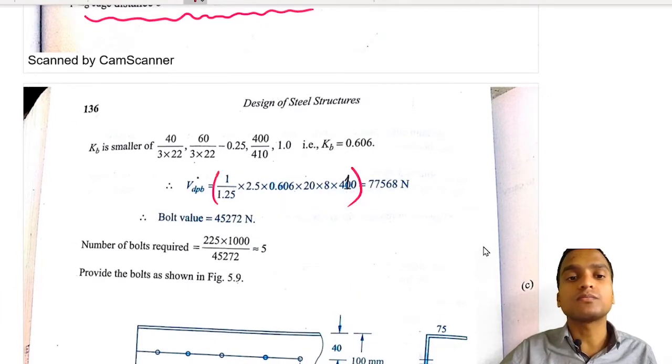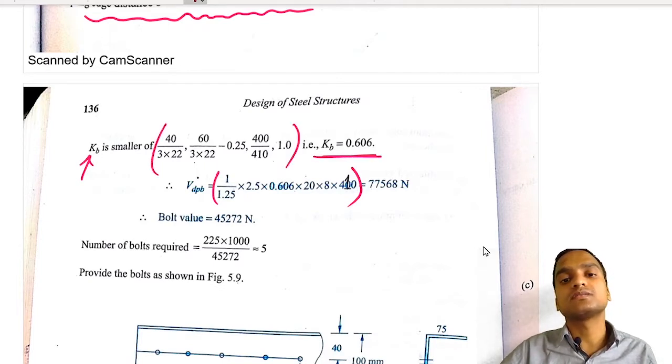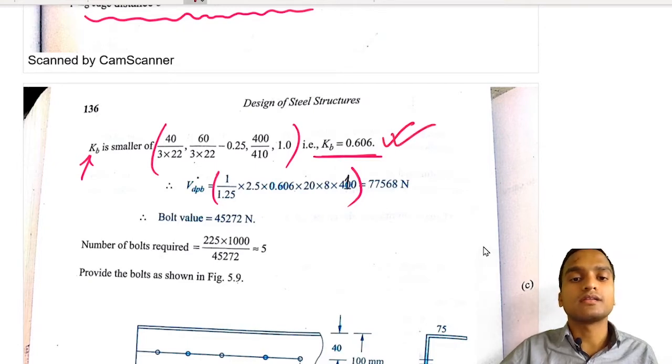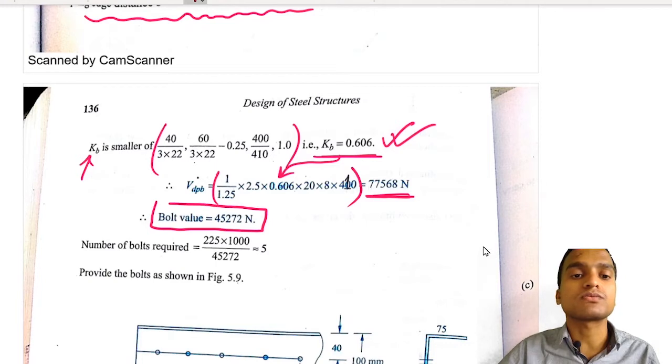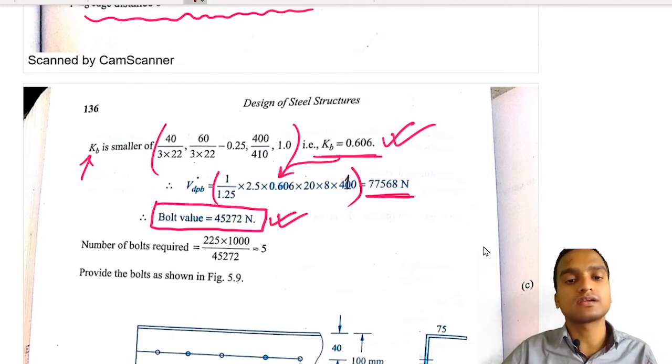Here first of all we have to calculate the value of Kb, and Kb is the smallest of these four values. So this becomes the value of Kb, and this is used here. When we do all these calculations, we get this value of bearing strength of bolt. And if we take the minimum of shear strength and bearing strength, we see that one bolt has this much strength. This is the minimum of bearing and shearing strength.